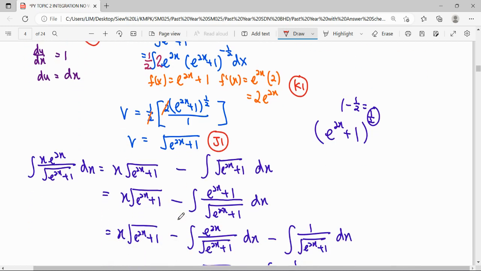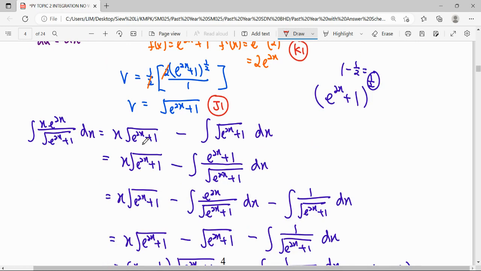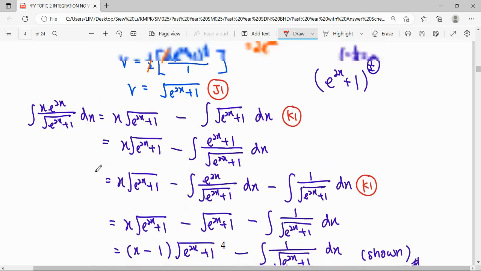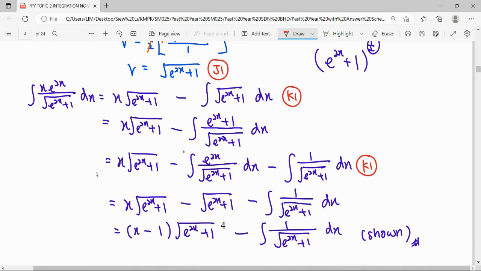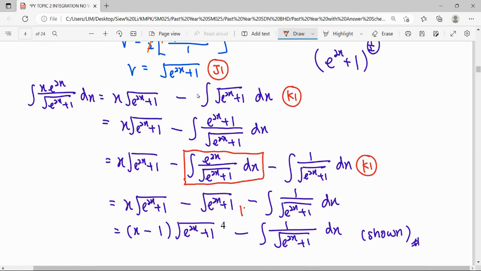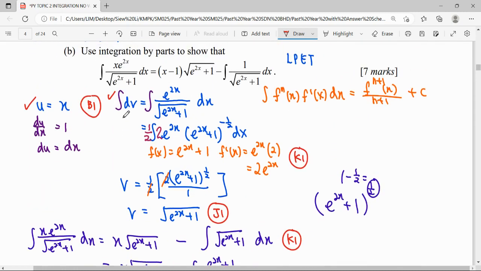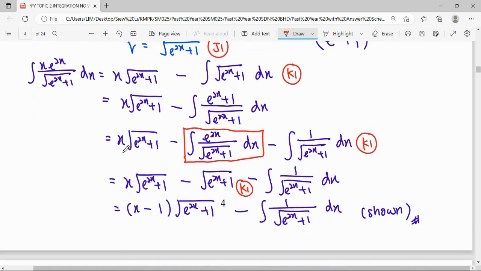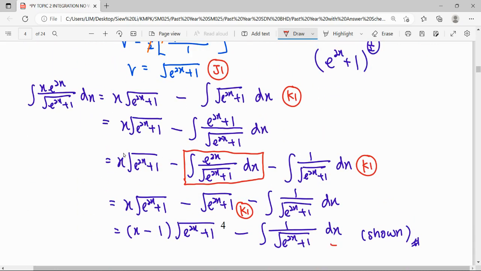Then we apply our integration by parts formula, and then we simplify and separate it so that you can relate back to the integration that we have done before. So this is your 1 mark. So finally you get to show this as your answer.